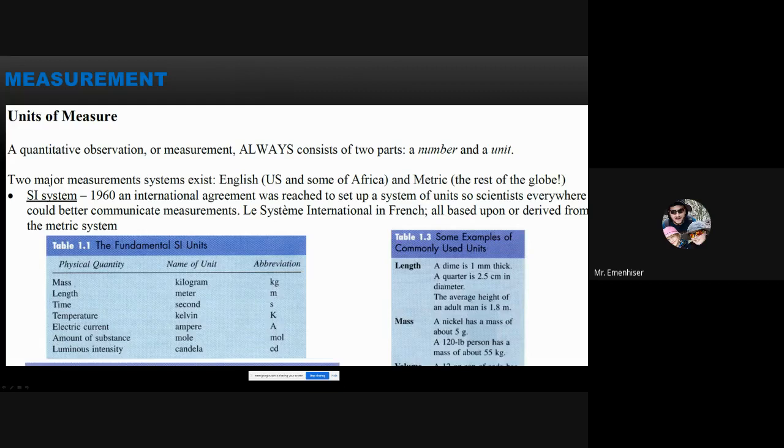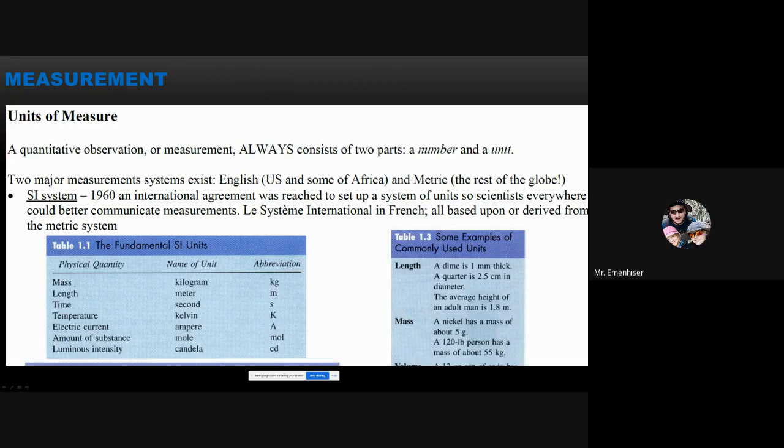All right, there are two main systems that are used in the world. One of them is called the US or English system. The English system has things like the foot, the inch, the yard, Fahrenheit temperature for taking temperature. And then the other system is the metric system, and it's used by the rest of the world. All right.